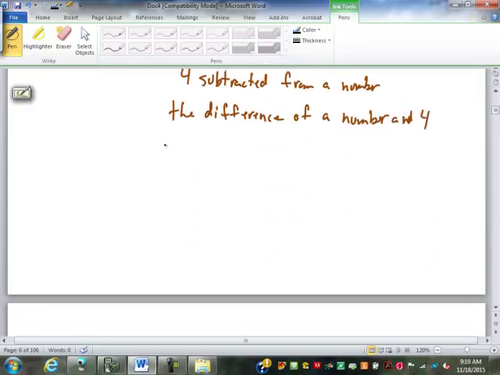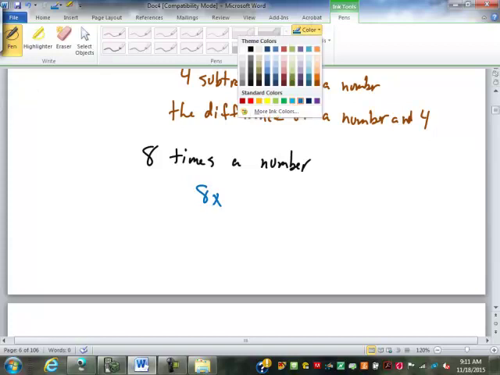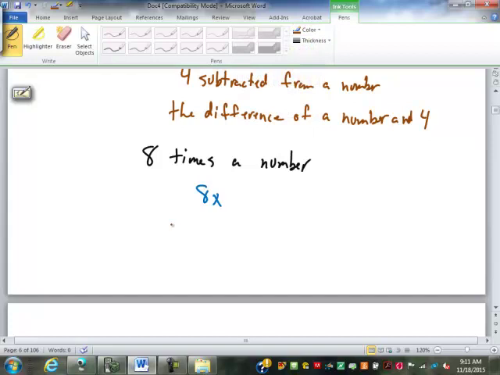We might have 8 times a number. This one's pretty straightforward. 8 times the number is going to be 8 times n, or 8 times x, or we can just write 8x. That implies 8 times x, right? So we could have a number multiplied by 8.